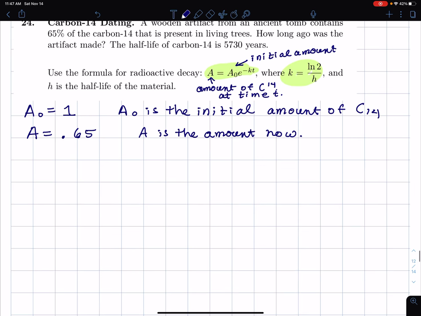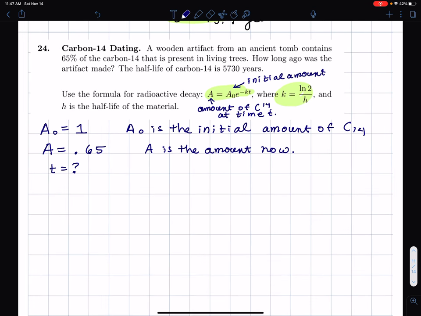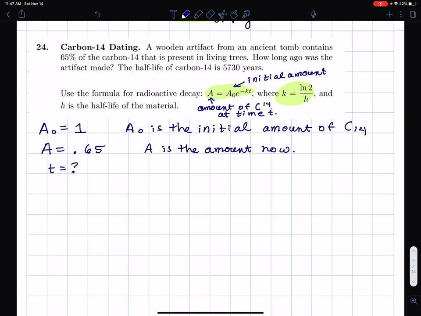A0 is the initial amount. Okay, now t is what we're trying to find out. That's the question mark. So after how many years, thousands of years, hundreds of years, did you go from one amount of 1 kilogram, 1 ounce, whatever, it's probably way smaller than that, to 0.65 of that amount? How long did that take?